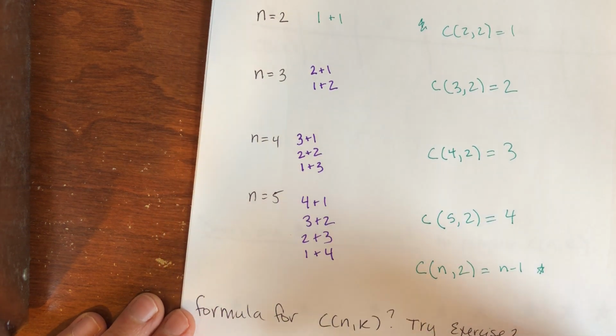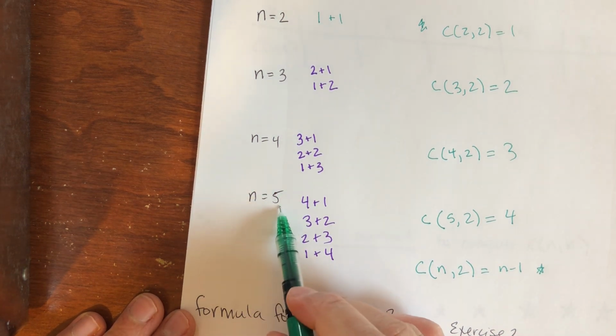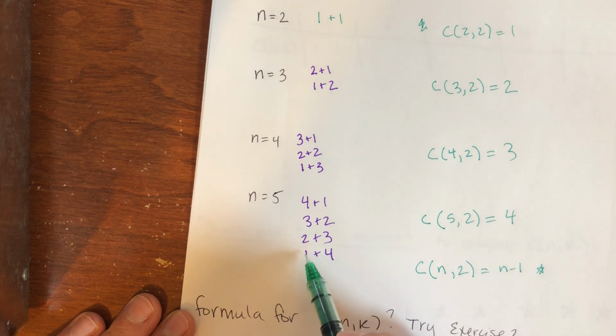Well, if we look at our examples, it kind of makes sense, right? If I'm trying to look at all the different compositions of 5 into 2 parts, the largest any single part would be 4, because if it was 5, then there's no other part. That's just a composition with a single part. So your first part could be 4, or it could be any natural number less than 4. It could be 4, 3, 2, or 1.